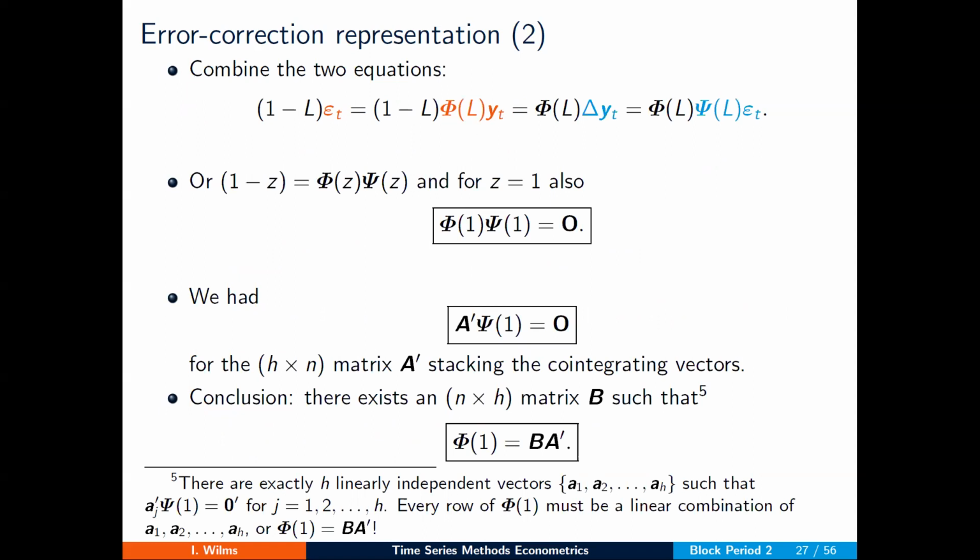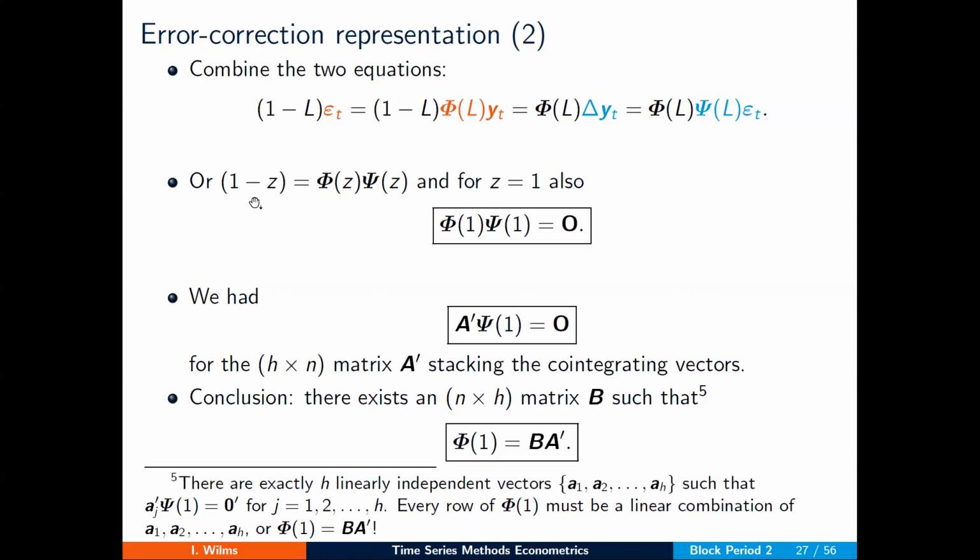That gives me then the lag polynomial Phi(L) that operates on my series here in differences. And I rewrite my series in differences based on Wold's representation from the previous slide as highlighted in blue to arrive then at this expression.